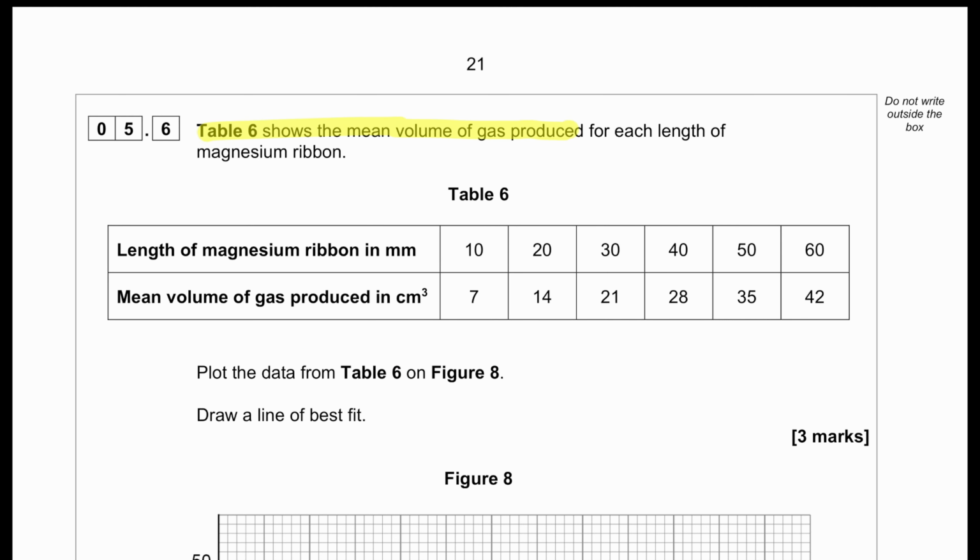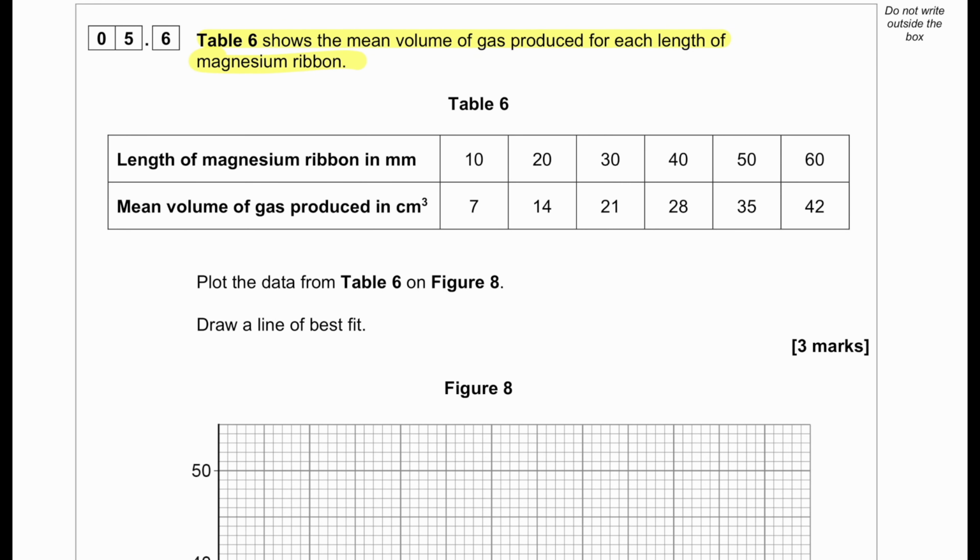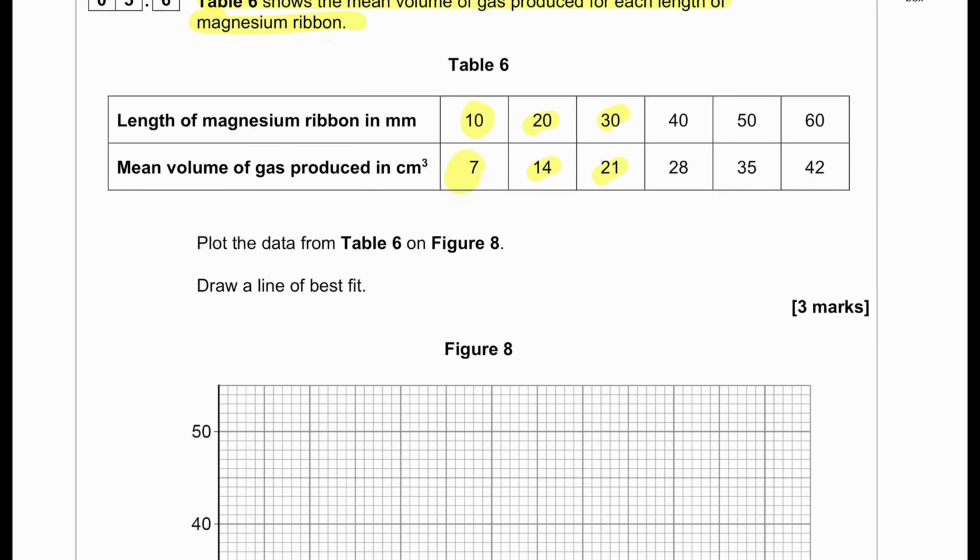Table 6 shows the mean volume of gas produced for each length of magnesium ribbon. Length 10, mean gas produced 7; 20, 14; 30, 21. Plot the data in table 6 on figure 8.